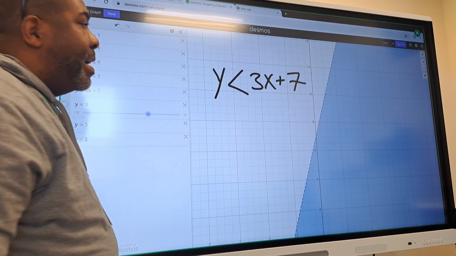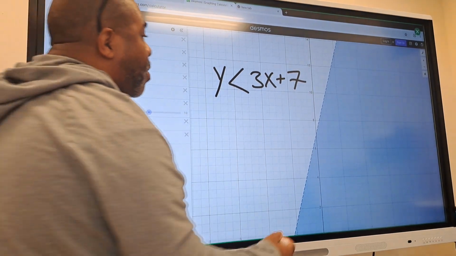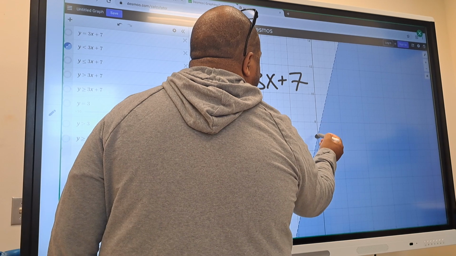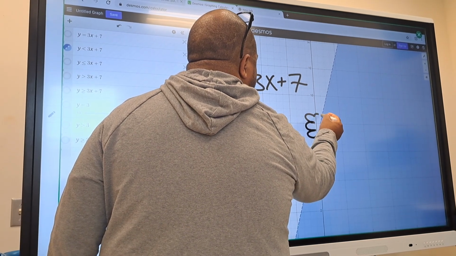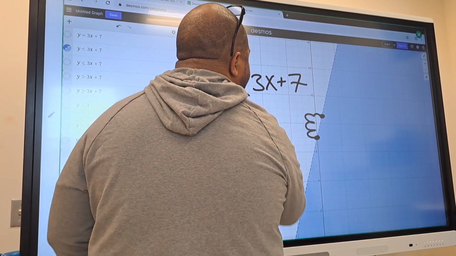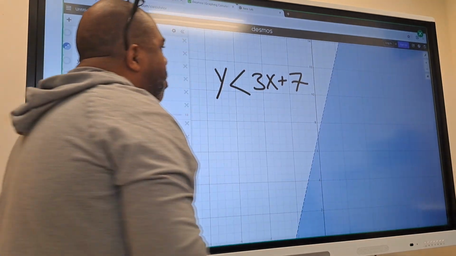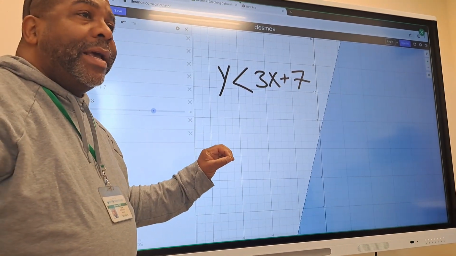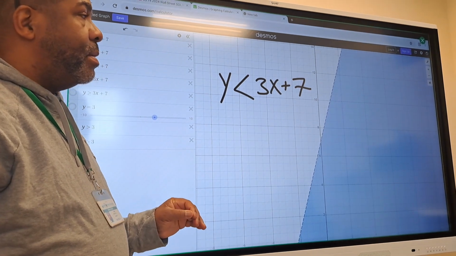All right, so nothing's really changed. Our y-intercept is still 7. Our slope is still 1, 2, 3 over 1. That part hasn't changed, right? What has changed is we have an inequality. So it doesn't equal, it's less than.